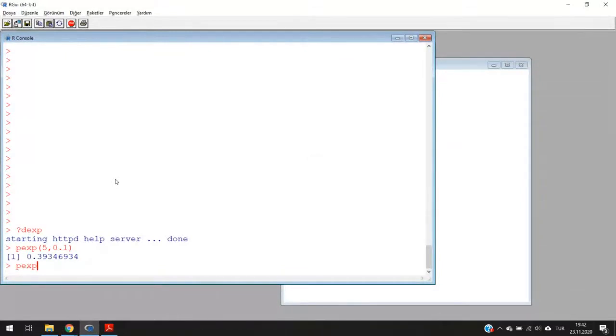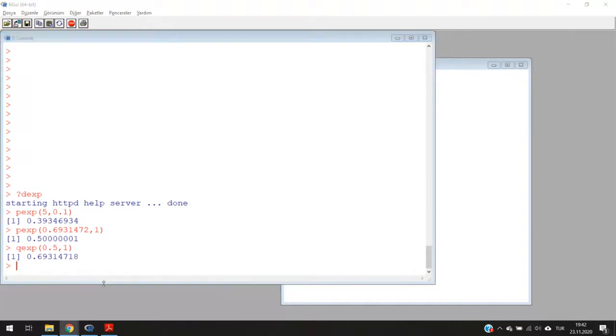Let's try to calculate pexp of that value with rate parameter 1. So you get 0.5, which is exactly the inverse function. So we introduce the probability to qexp, and we introduce the x value, or the threshold value, into the probability statement. Okay. All right.